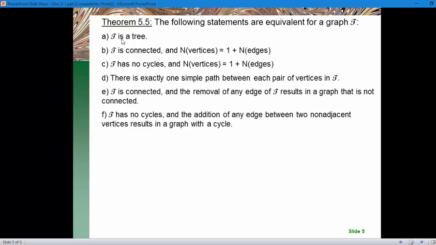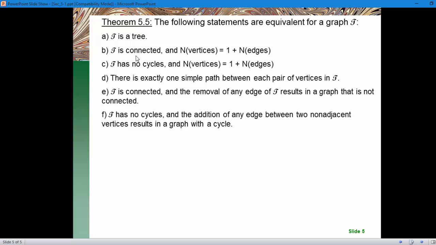So if a graph is a tree, then you know for sure that it's connected and the number of vertices is 1 plus the number of edges. And vice versa, if you have a graph and you're not sure if it's a tree, let's say you know it's connected, but you also see that the number of vertices is 1 more than the number of edges, then you guarantee that that graph is a tree.